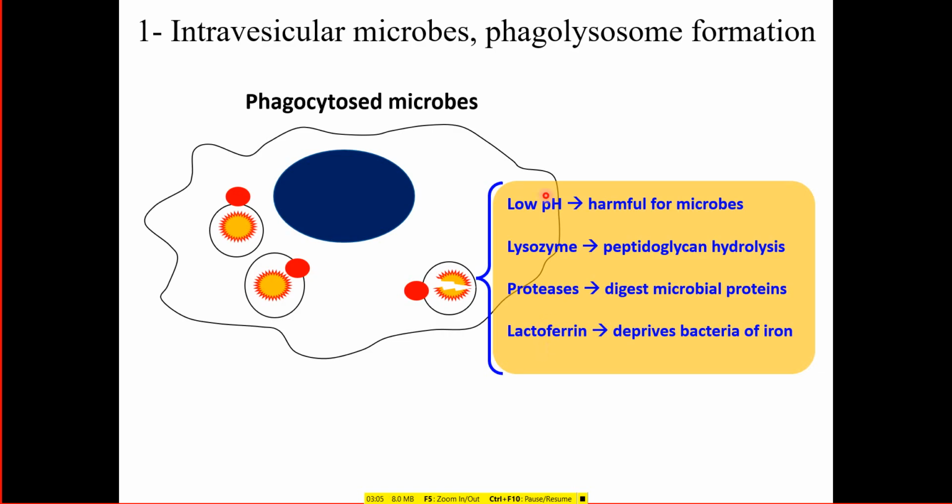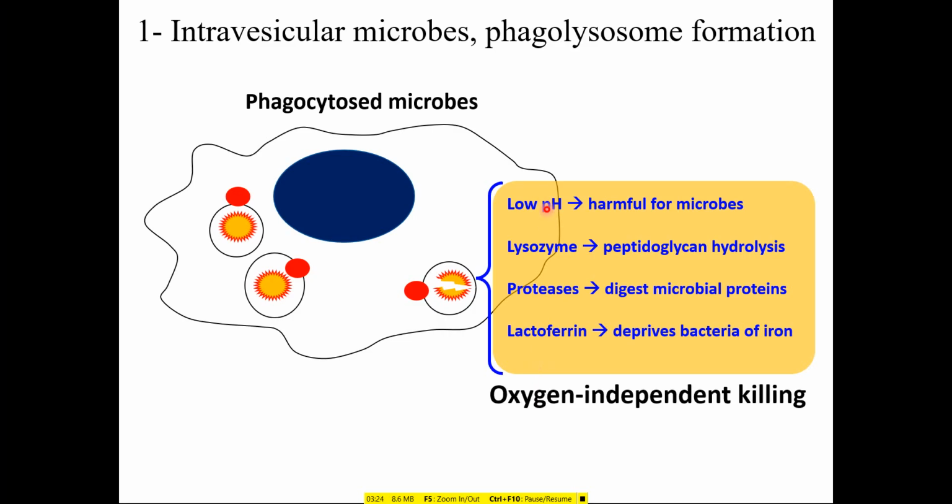So lysosomes have many, many different mechanisms, and you can find a lot more molecular detail in the text. This way of killing is an innate way of killing. It's part of the innate defense. Why? Because it's not specific to the type of the pathogen, and it will not retain a memory of the process. So it's an innate mechanism of killing. By the way, this way of killing also has a different name. It's called oxygen independent killing. Why do we have this name?